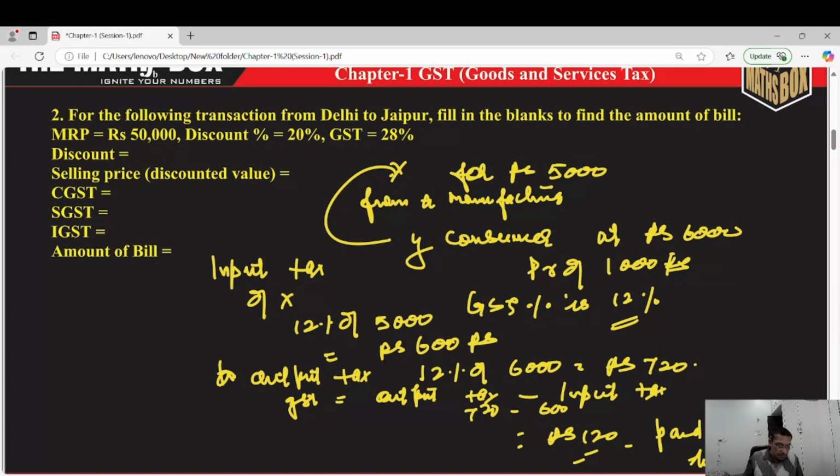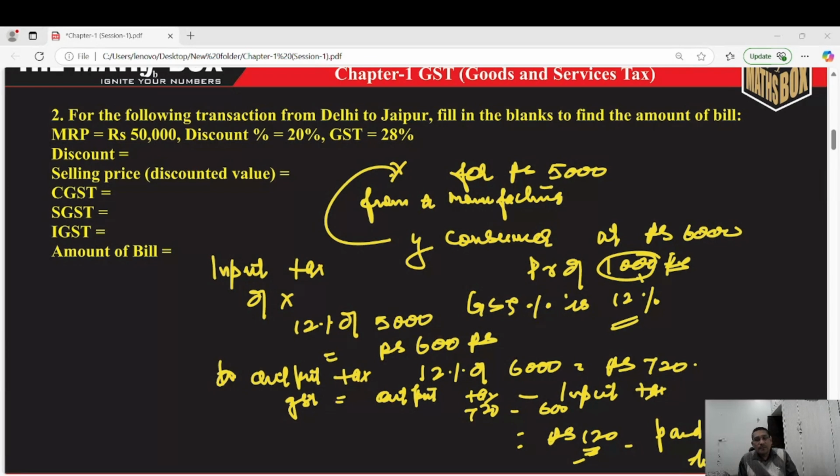To the government. So it can be done in two ways. You can take out the profit of 1,000 rupees and apply GST directly on 1,000 rupees. 12% of 1,000 is 120.